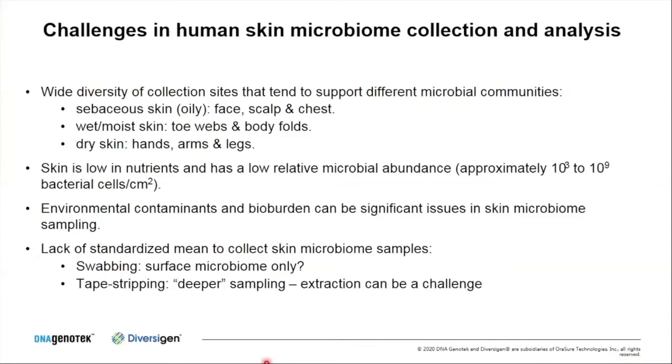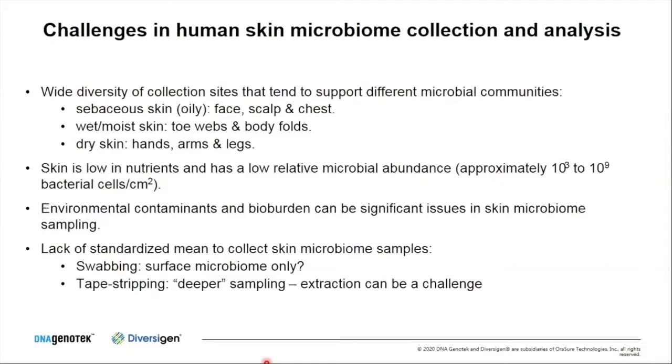And since skin is such low biomass, environmental contaminants and bioburden, so bioburden is background DNA contamination that would be coming either from the collection device itself or the extraction kit, can actually be significant issues in your analysis. And to this day, there's a lack of a standardized means to collect skin microbiome samples. And there's 2 main methods that are being used by researchers out there.